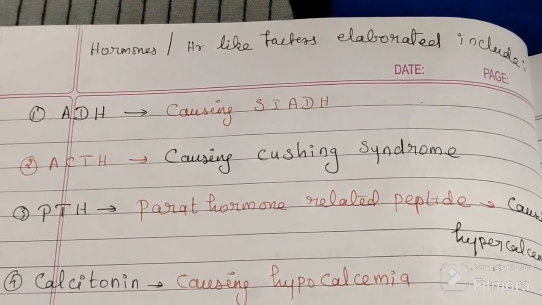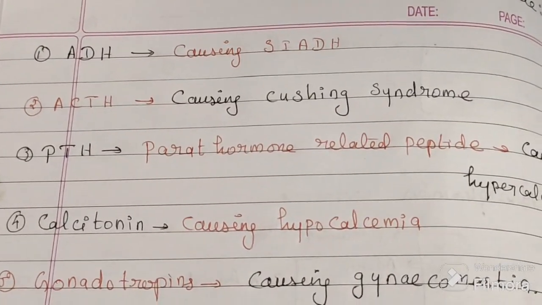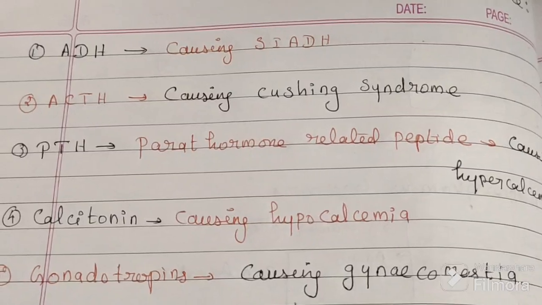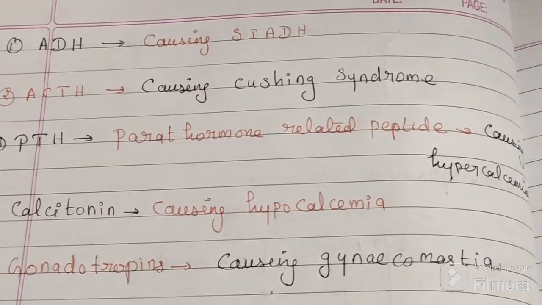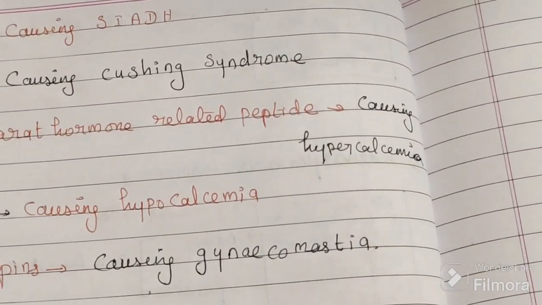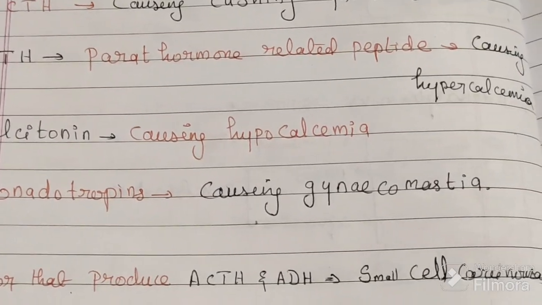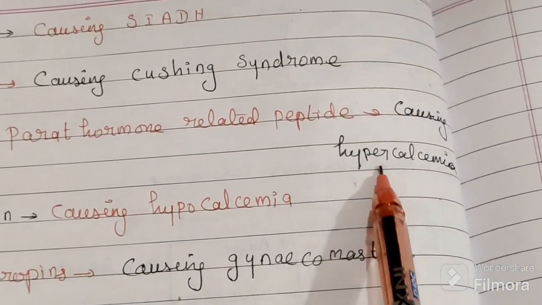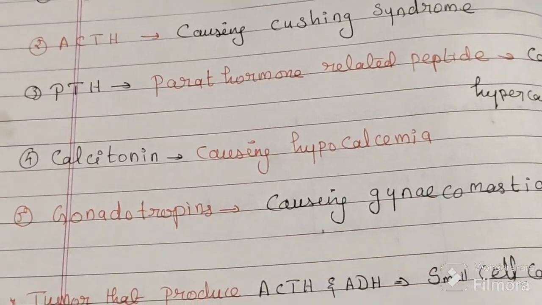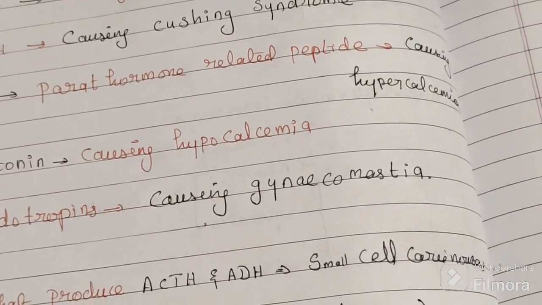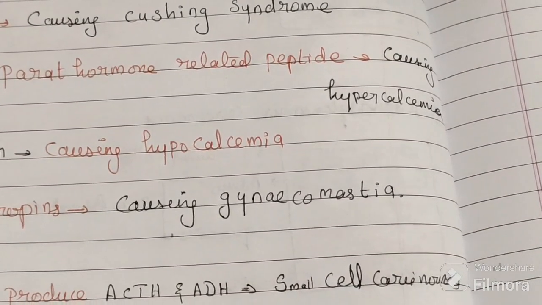ADH secreted causes SIADH. ACTH secreted produces Cushing syndrome. PTH secreted produces hypercalcemia. Calcitonin causes hypocalcemia. So PTH hypercalcemia, calcitonin hypocalcemia. Gonadotropin secreted causes gynecomastia.